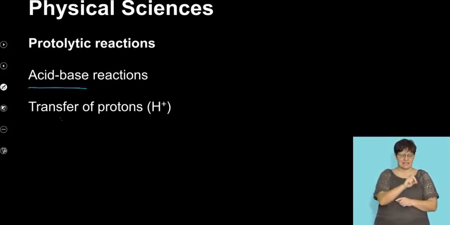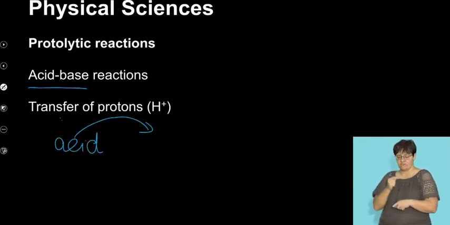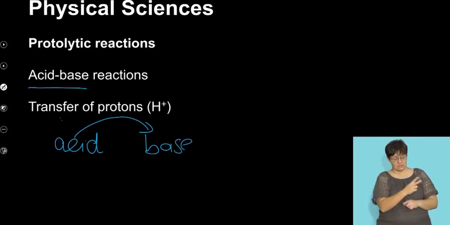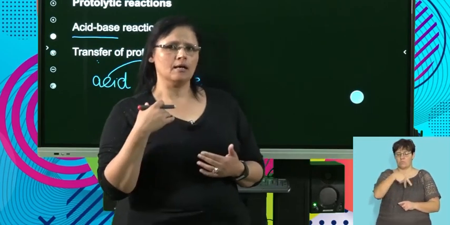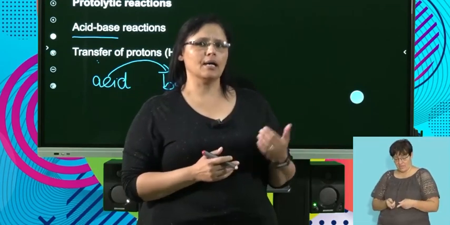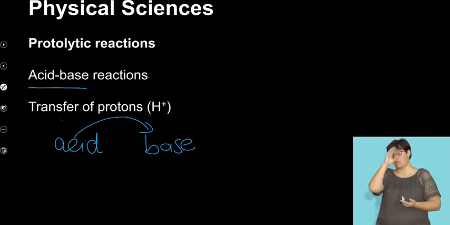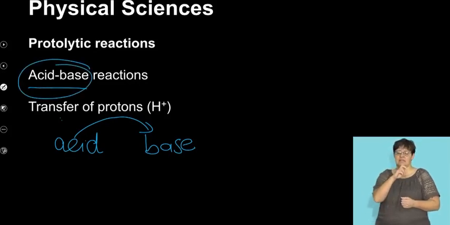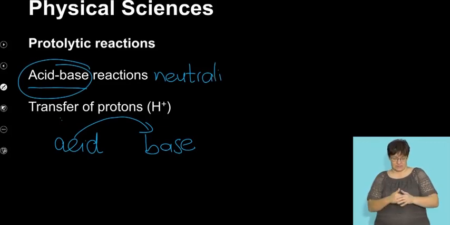In an acid-base reaction, we've got a proton transfer from the acid to the base, because according to the Lowry-Bronsted theory, an acid is a proton donor and a base is a proton acceptor. So just to remind you again, this acid-base reaction is the same as talking about a neutralization reaction.